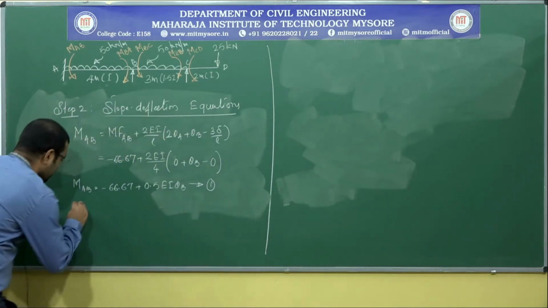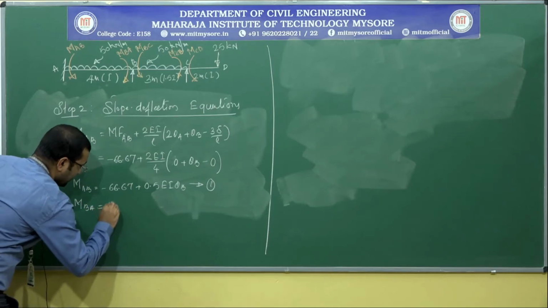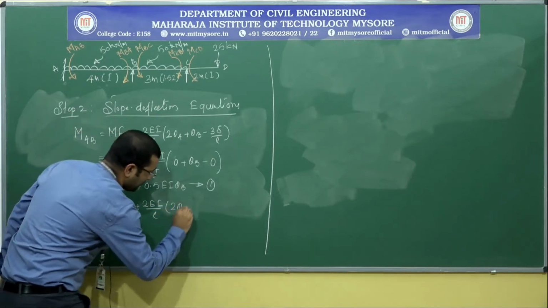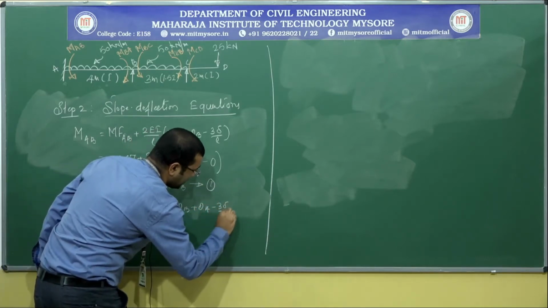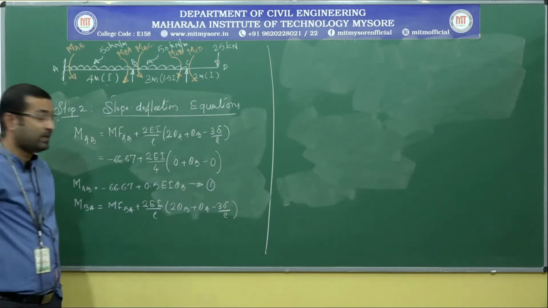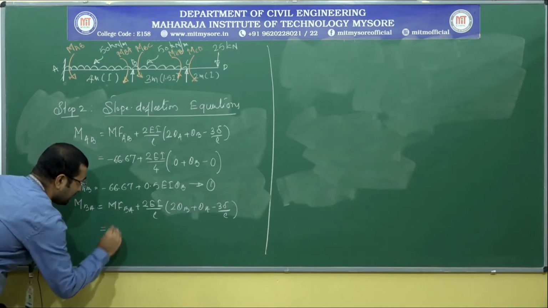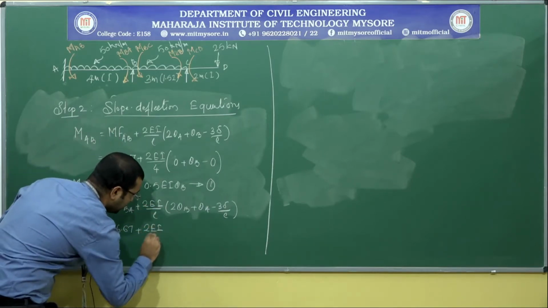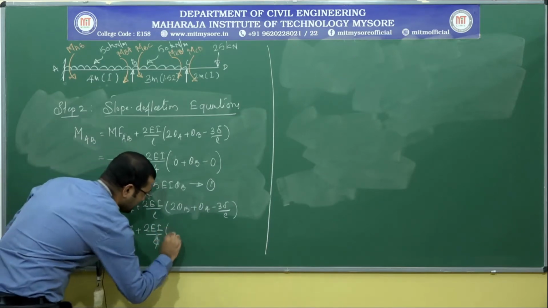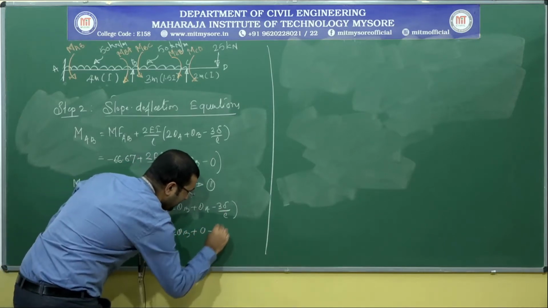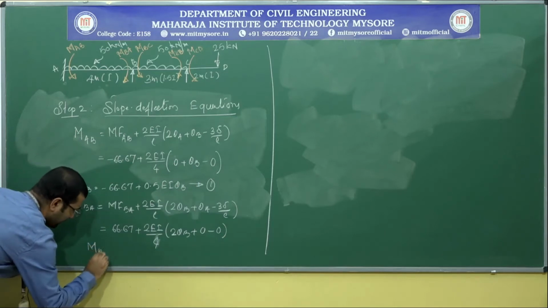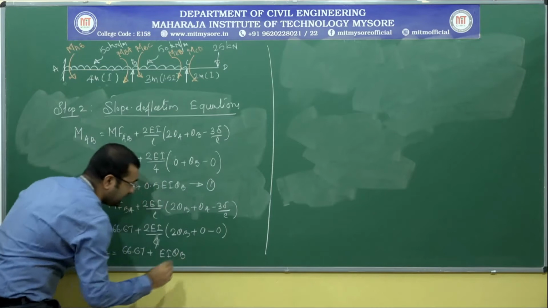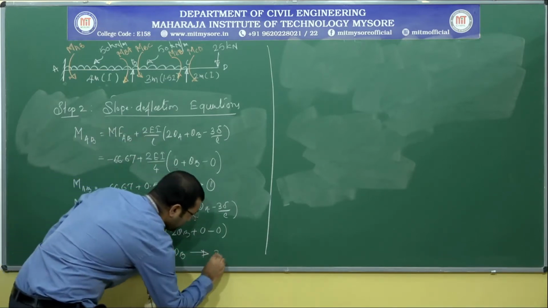Let us write MBA is equals to MFBA plus 2 EI by L into 2 theta B plus theta A minus 3 delta by L. This is the equation to determine the end moment at B. So, as per our calculations in the first step, the MFBA value is plus 66.67 plus 2 EI by L, L here is 4 meter, into 2 theta B plus theta A is 0 minus delta value is also 0, which yields MBA is equals to 66.67 plus EI theta B. Let us call this equation number 2.